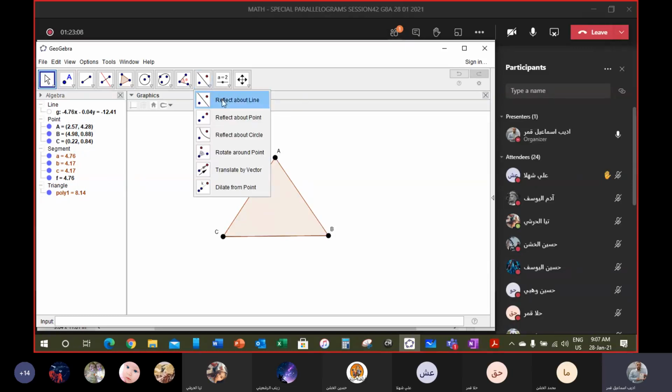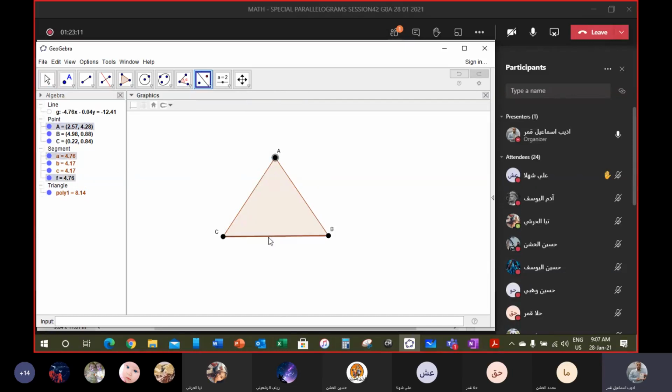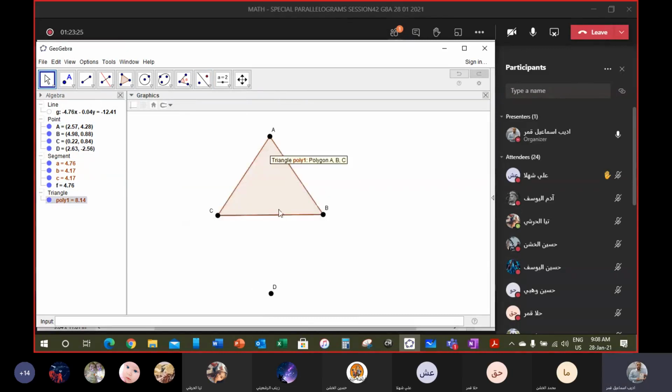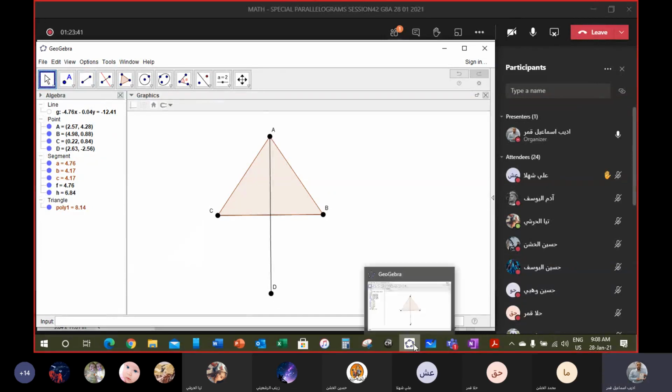Reflect about line means symmetry of a point about a line, which is point D. And D is the symmetric of A with respect to BC. Let's join the segment AD. Right. Now we continue reading.